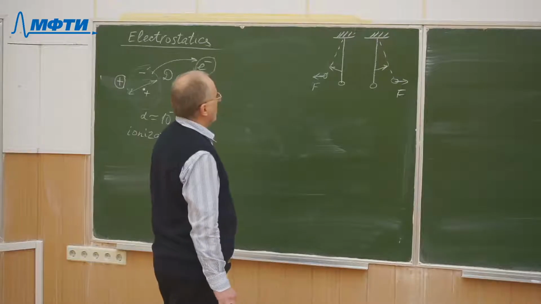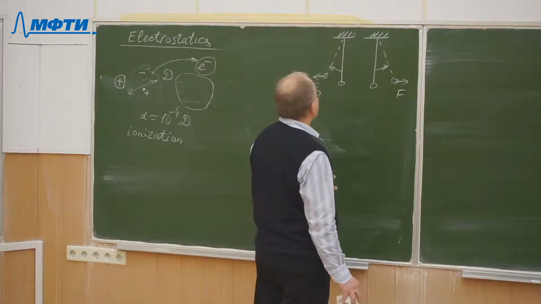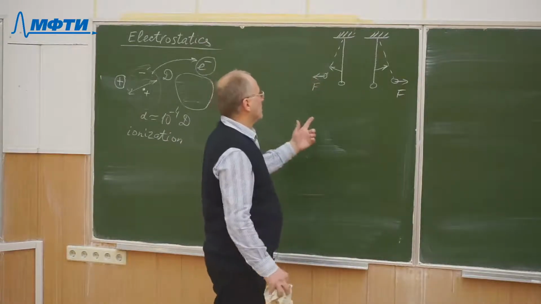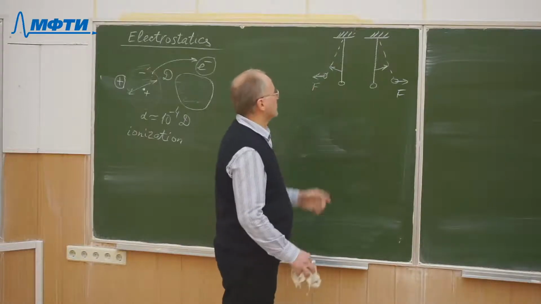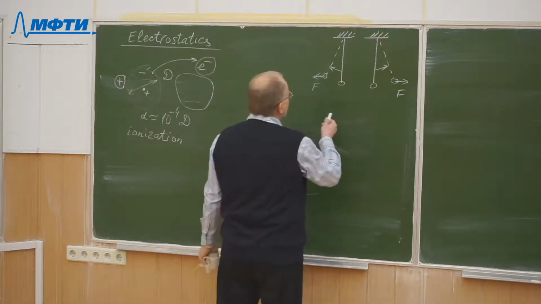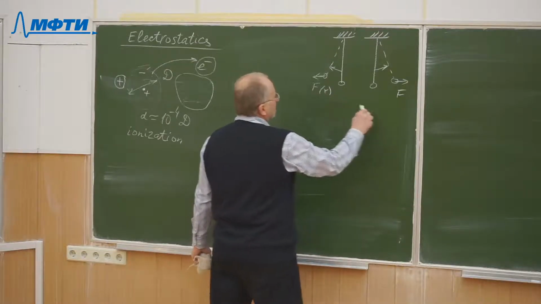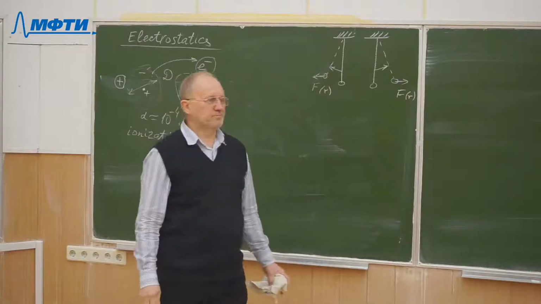So by measuring forces acting between the balls and by changing the distance between the balls, it's possible to investigate how this force of electrical interaction depends on the distance r between the two charged bodies.